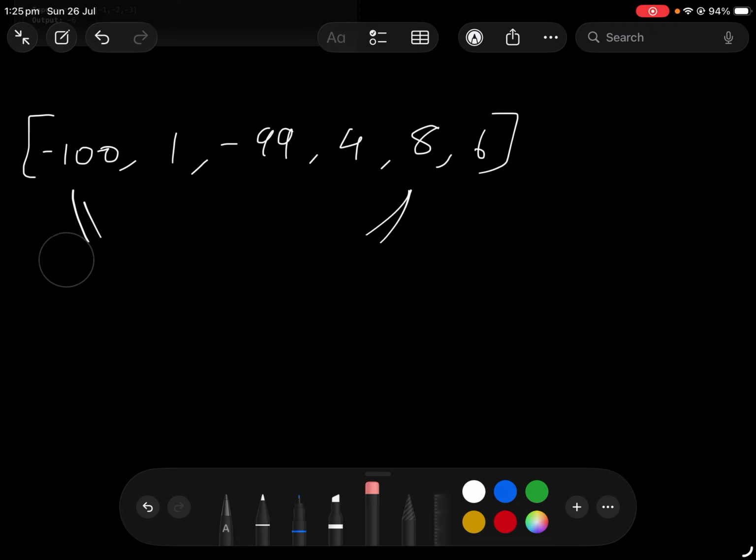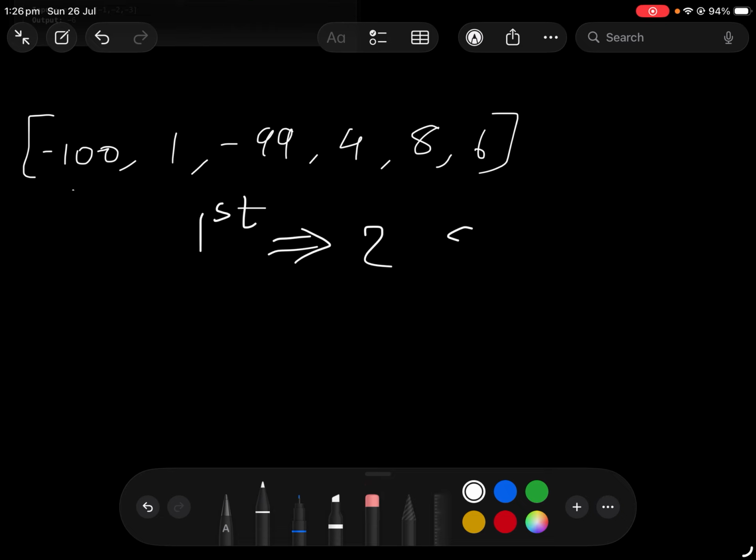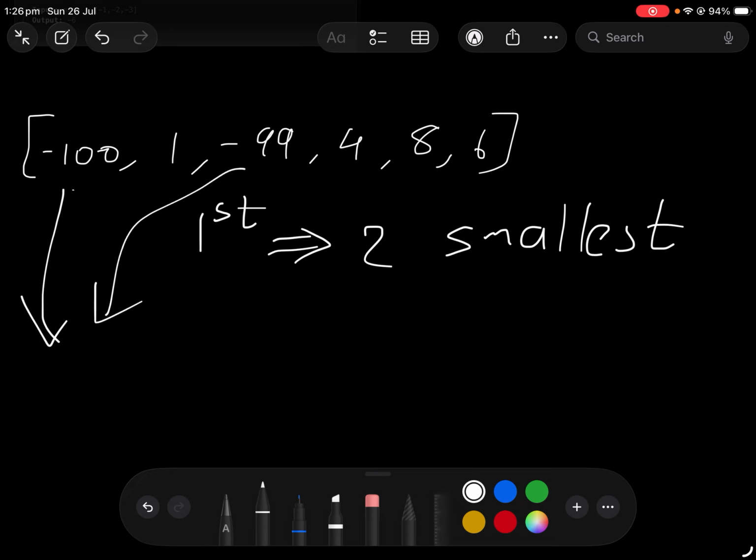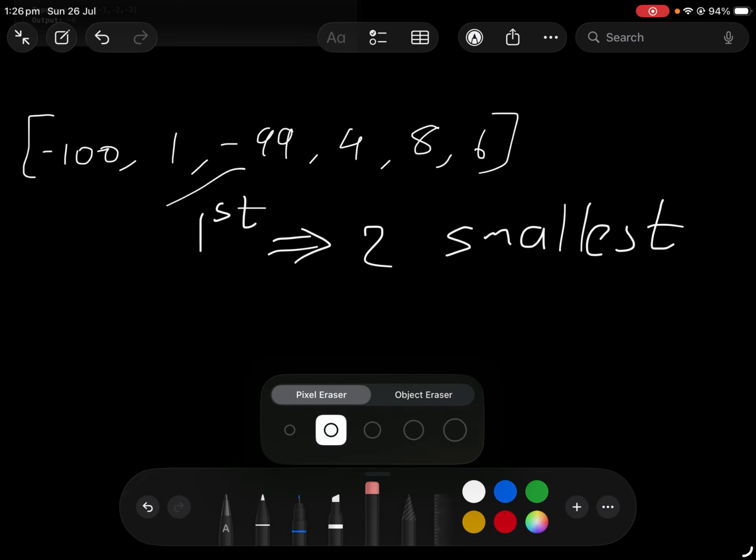So how do we do that? In order to find the maximum product achievable, the first possibility is multiplying the two smallest numbers in the given array. Why? If I multiply -100 and -99, I'll get a positive number.